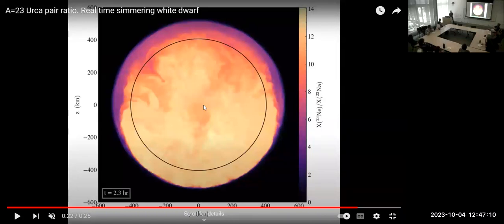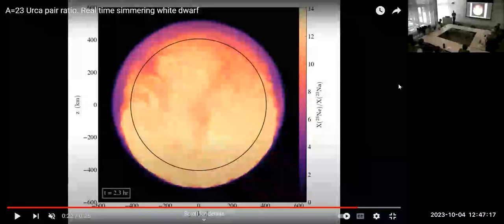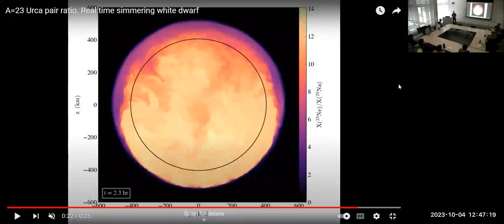I also have a question on this picture. The change of color: is the main cause the physical movement of the elements, or the chemical reactions, since you said they can change into each other? It is a combination.